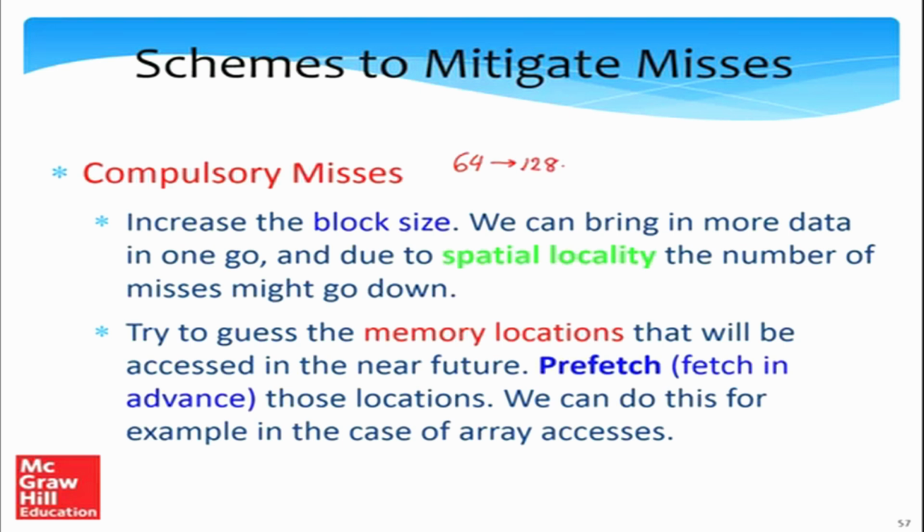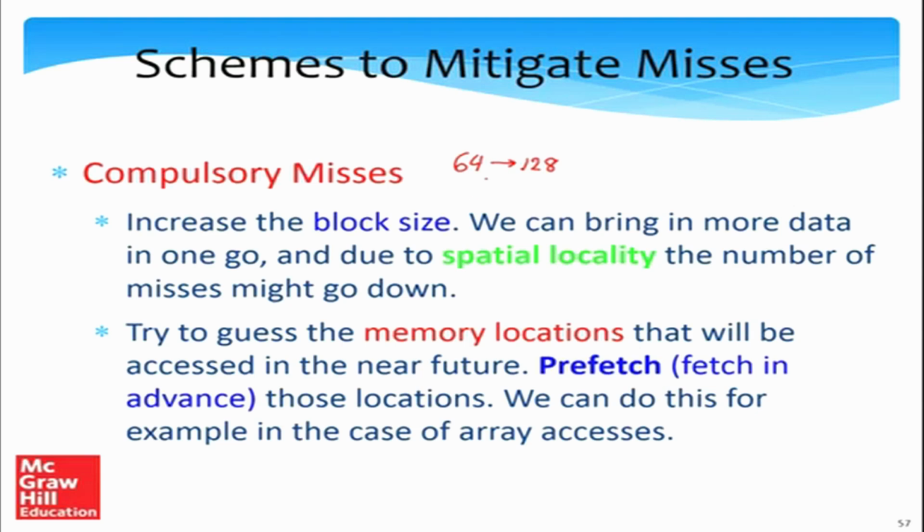Then this means that in one go we are fetching in more data from the lower level. And because of spatial locality, the reason that we made blocks in the first place, it is possible that the number of misses might go down because you will find a lot more of the data you access within the same block, and this would not have been possible had the block sizes been smaller.